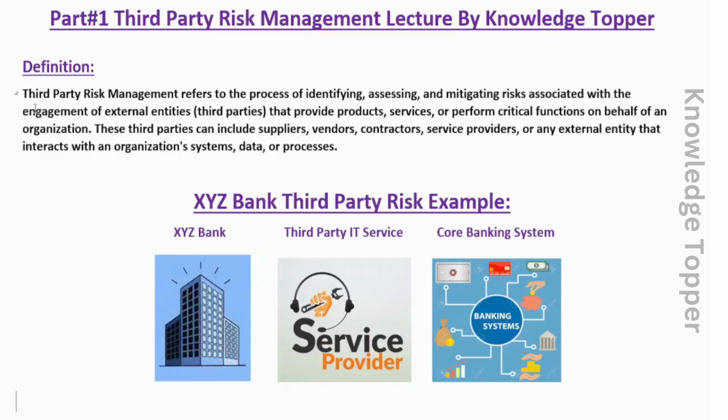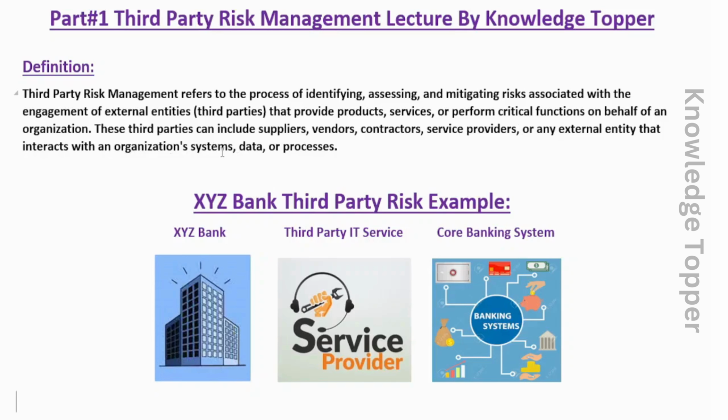As written on your screen, third party risk management refers to the process of identifying, assessing and mitigating risk associated with the engagement of external entities like third parties that provide products, services, or perform critical functions on behalf of an organization.